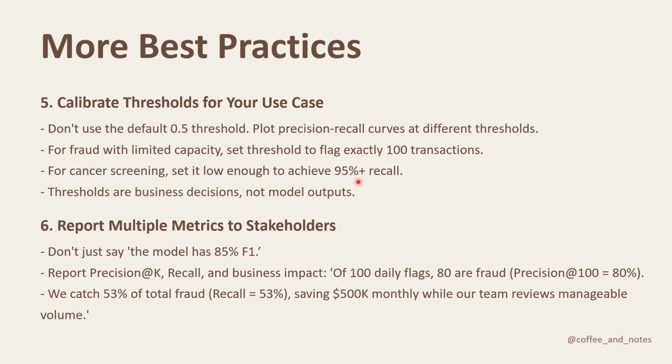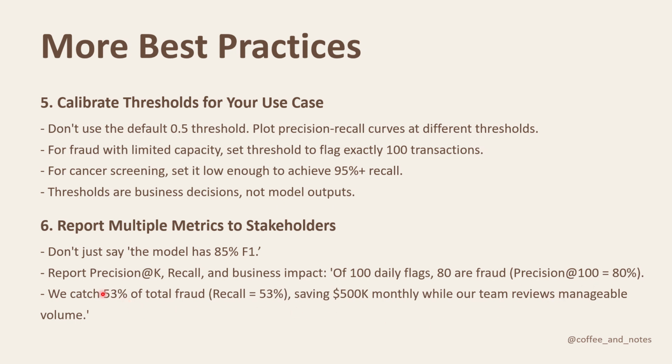Six, report multiple metrics to stakeholders. Don't just say the model has 85% F1 and leave it at that. That number is meaningless to a business person. Instead, translate it like this. Of all the 100 transactions we flag, 80 are actual fraud. That's precision at 100 of 80%.